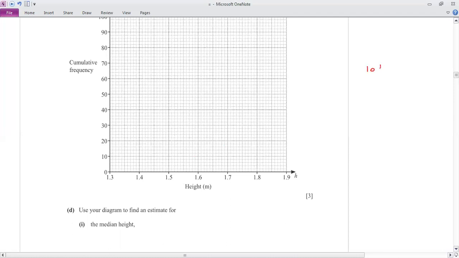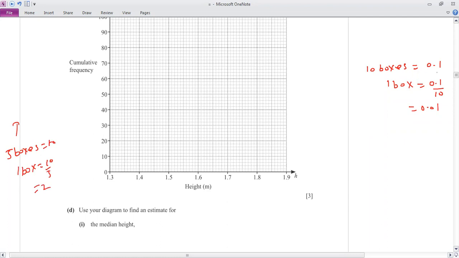It means 10 boxes are actually representing 0.1. So one box horizontally is representing 0.1 over 10, which is 0.001. And vertically 5 boxes are representing 10. 5 boxes are equal to 10, so each box is 10 over 5, which is 2 units.